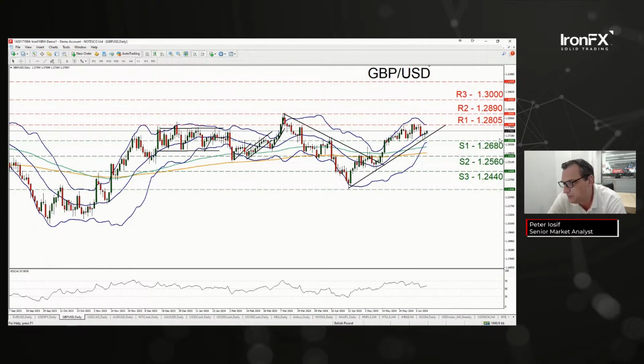So that should not be a market mover because it was expected. But there was a surprise on the manufacturing and industrial output growth rates. Also for the month of April, they contracted deeply. And in my opinion, that tended to darken the economic outlook of the UK by a shade.